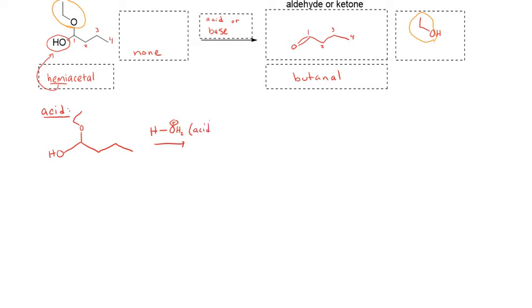You could use a different strong acid, H2SO4 or HCl would work the same way. The acid protonates the intended leaving group. It is now a good enough leaving group to get kicked out by this neutral oxygen lone pair.